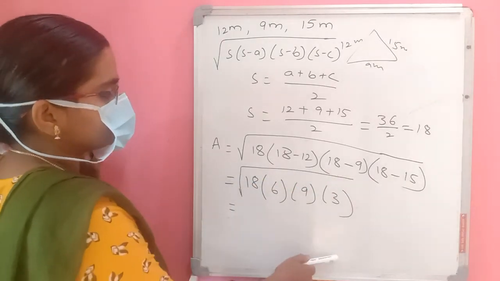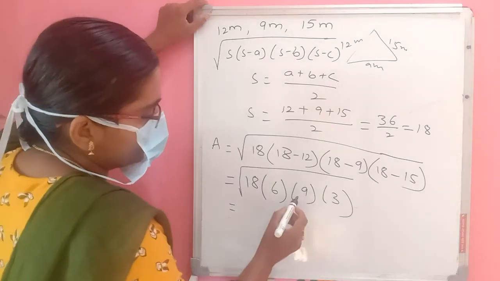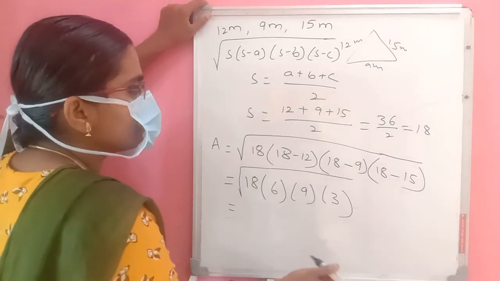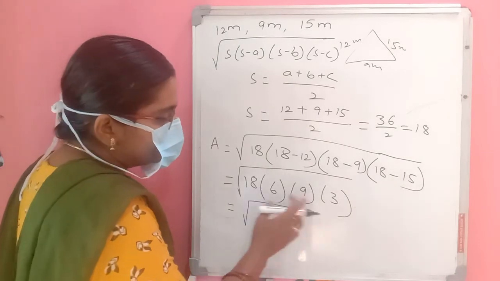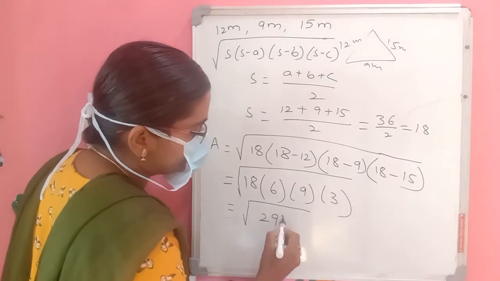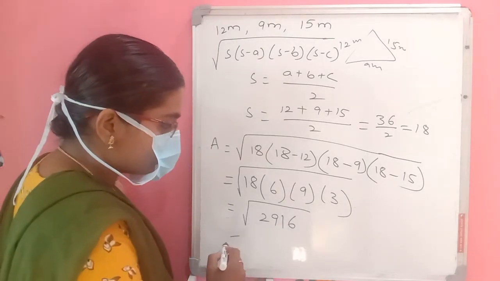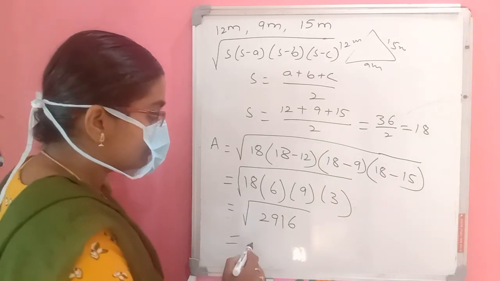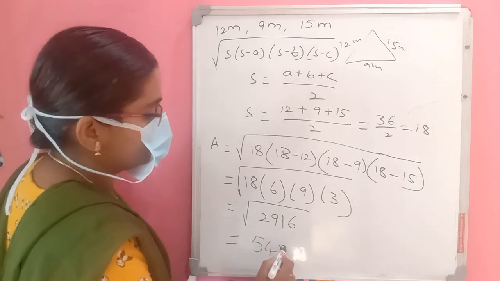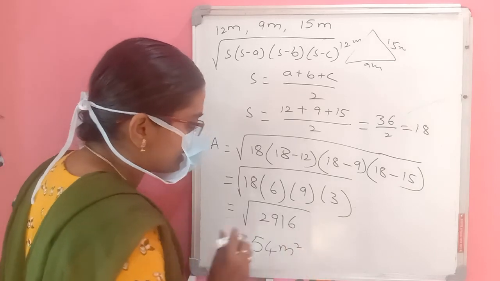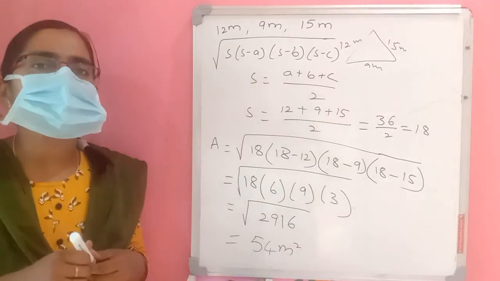So here simply by multiplying all this, you get 2916. The square root of 2916 is 54. The area of the triangle is 54 meter square.